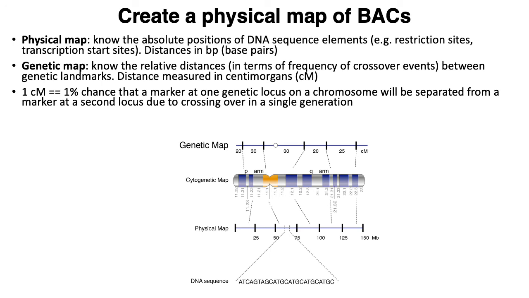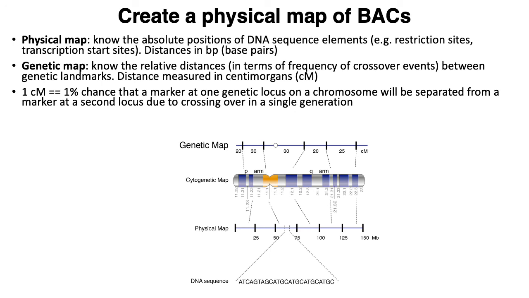That's in contrast to what is generally referred to as a genetic map, where genetic maps are maps derived from knowing the relative distances between genetic landmarks. By relative distance, I mean that through other means, you can estimate, for example, the relative frequency of crossover events that occur between two different genetic landmarks on the genome.